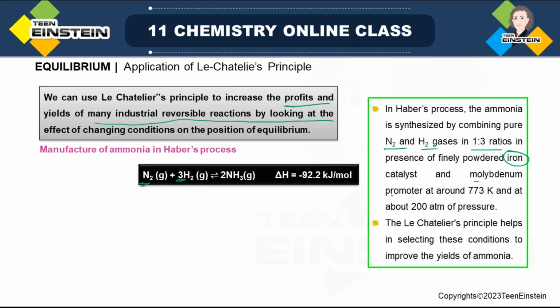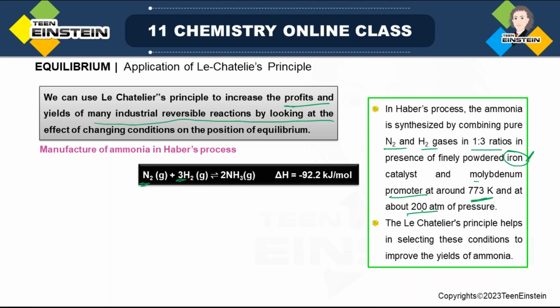And another substance, molybdenum promoter, because a promoter is also a substance which helps the catalyst, right? Details we don't need here. The important point is which catalyst we use, then what is the temperature. So 773 Kelvin, which in degree centigrade is around 500, right? And pressure is maintained around 200.